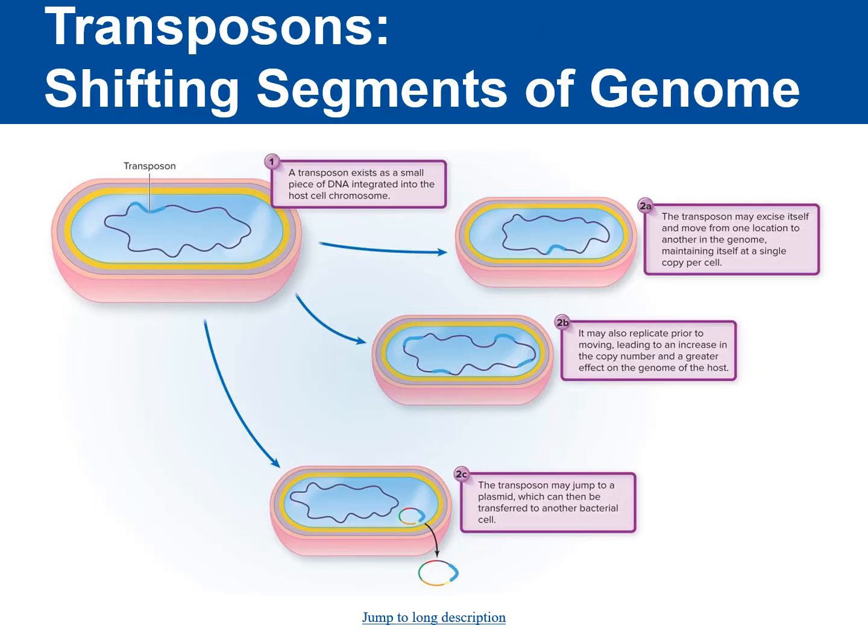Here's a figure just visually giving you an idea of all the possibilities that transposons have in their existence within cells. So you can see here, looking from one area to the next, this is where the transposon is. That transposon could move to a different area on the chromosome where it exists. It could copy itself and then move on to several locations on a chromosome, or transfer to a different chromosome entirely.